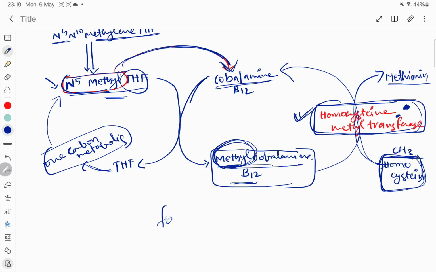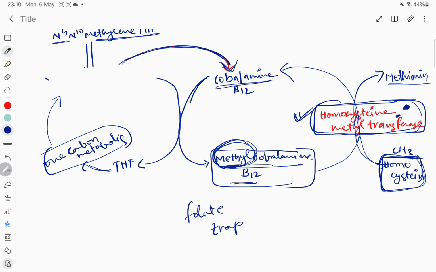Now we'll see what is folate trap. Here is the main concept. Here you can see I wrote N5 methyl tetrahydrofolate. CH3 means methyl, basic chemistry. N5 methyl tetrahydrofolate is readily available.